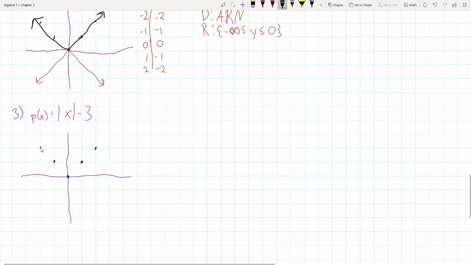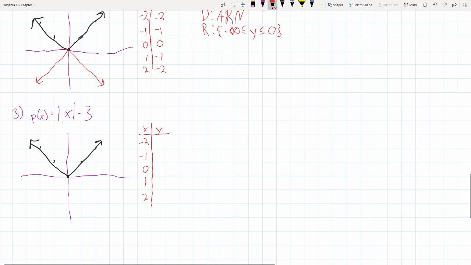That way I can see the change. Make my XY table: 0, -1, -2, 1, 2. And so I start to fill these in.